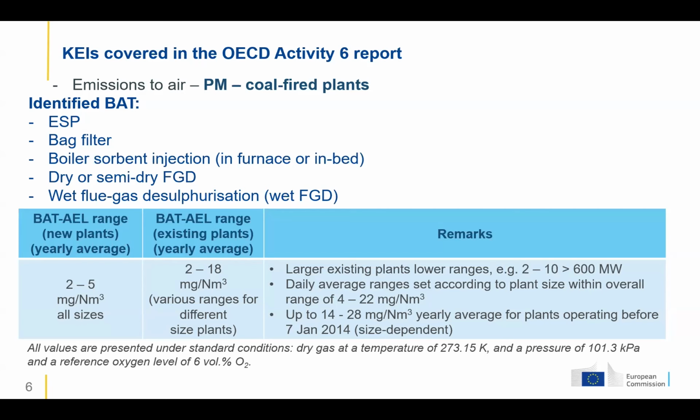In the case of dust, particulate matter emissions from coal-fired plants, the main identified best available techniques were the electrostatic precipitation, bag filter, the boiler sorbent injection, either in furnace or in bed, the dry or semi-dry flue gas treatment, or the wet flue gas desulfurization.